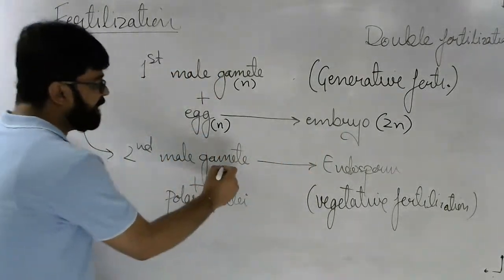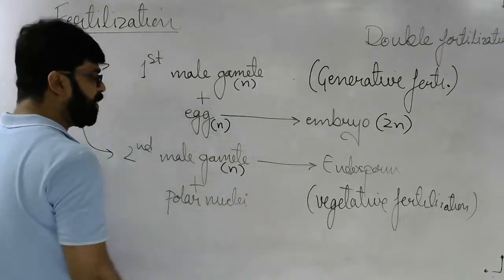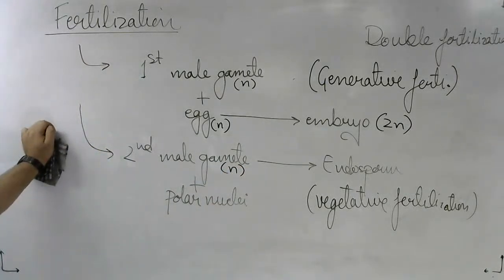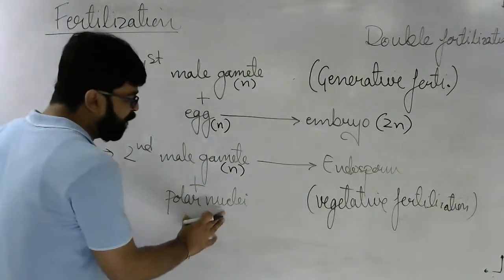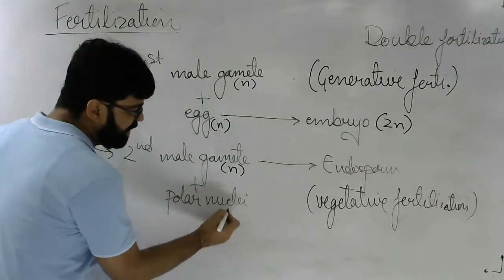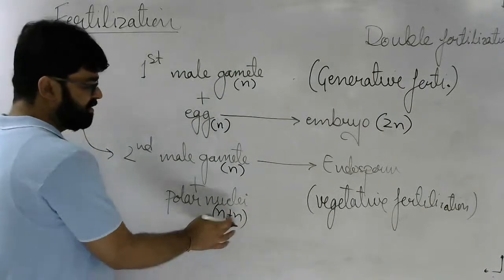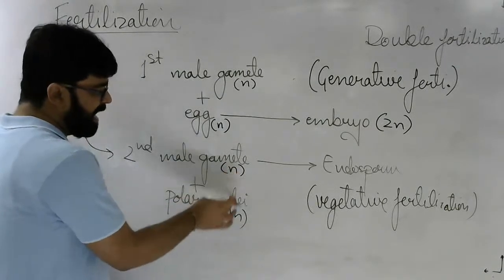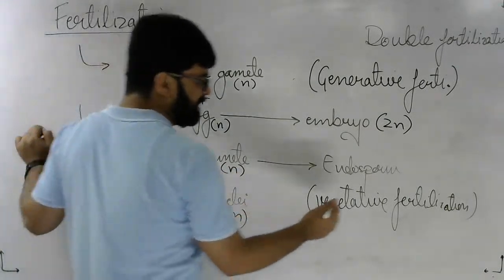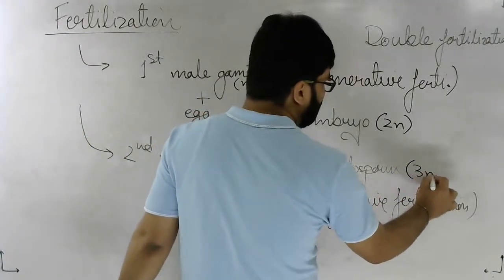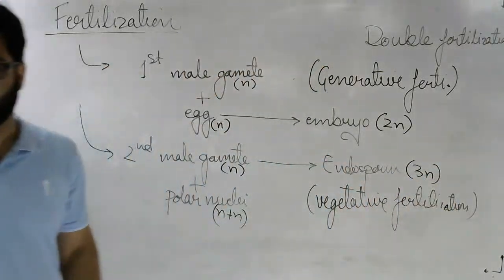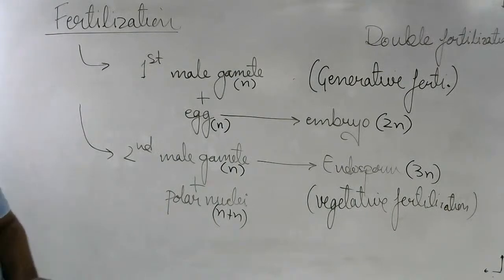Here, male gamete, second male gamete, the ploidy is N, haploid. Coming to polar nuclei, already polar nuclei are N plus N, right? When N and N plus N fuse, they will give rise to a triploid structure, right?